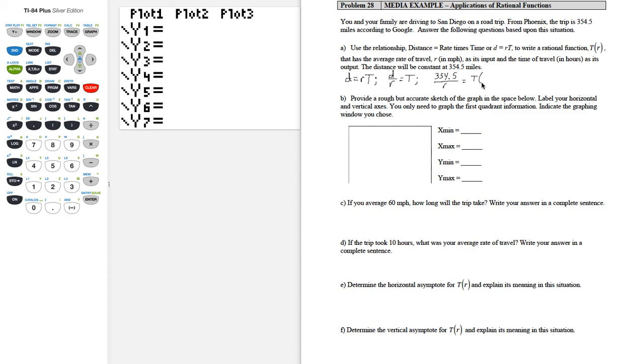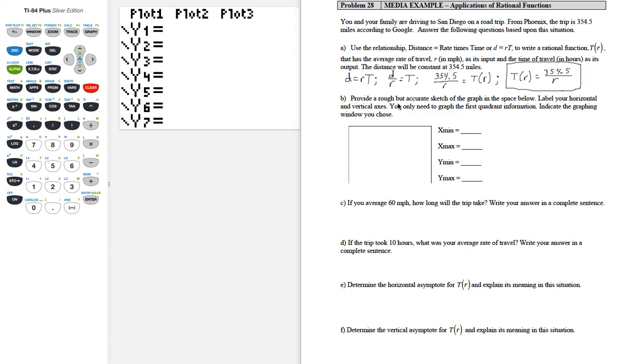I now have it written as a function of r, so I can write this from left to right as I'm used to seeing my functions. T of r equals 354.5 divided by r. So there is my function for time output with rate of travel input.